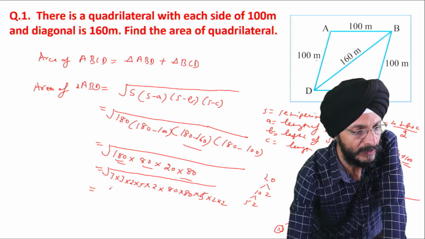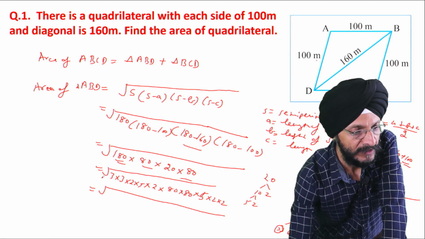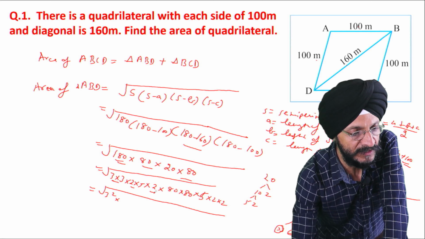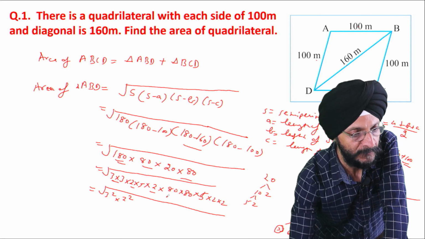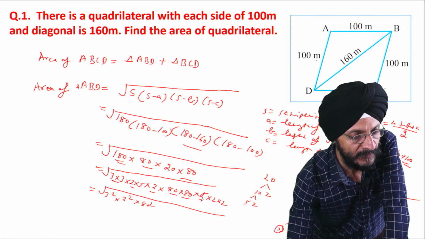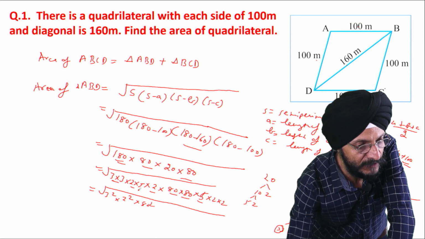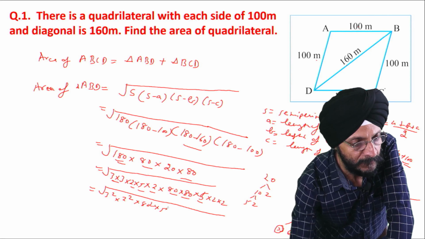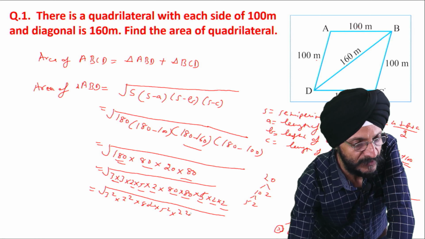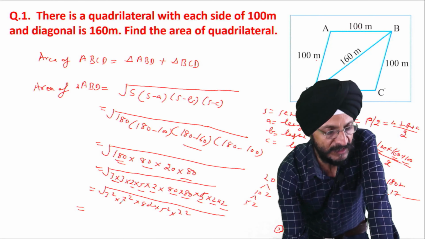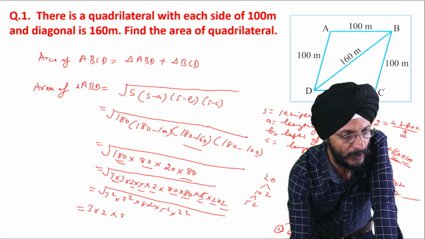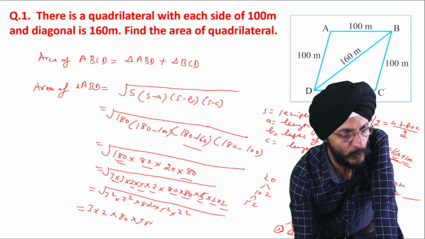So here what we understand, this is a square, this is a square, this is a square, this is a square, this is also a square. So when these come out of the under root, we can write it as 3 into 2 into 80 into 5 into 2.